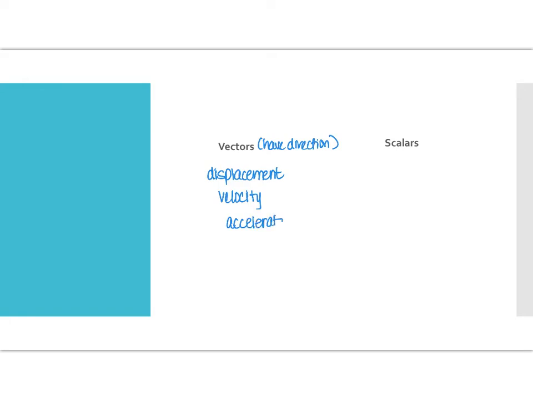And these are all things that we're going to run into in this chapter, chapter 3. And later on, we'll learn about things like force. That's just another vector that we'll learn about in a later chapter.